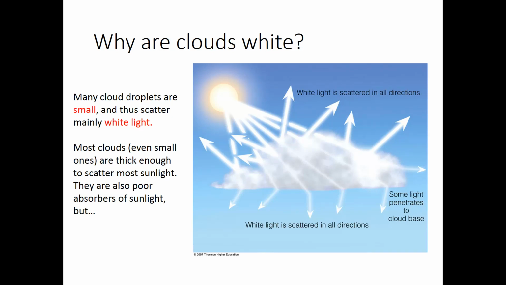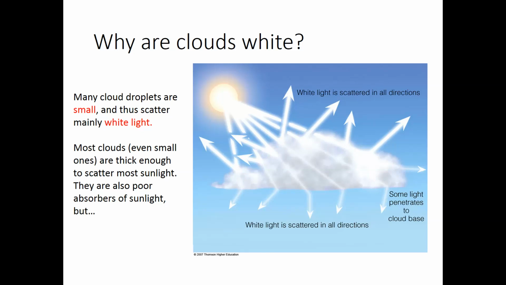That's one of the reasons why clouds are white, because clouds usually consist of these really tiny droplets that scatter white light almost everywhere. However, the larger the cloud droplet becomes, the better it is at scattering all colors in all different directions.